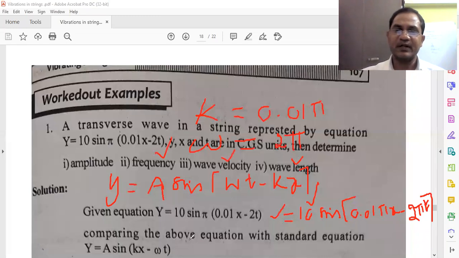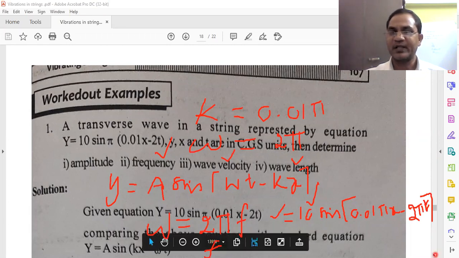What is the relation between angular frequency and frequency? Omega is equal to 2 pi f. So from this, f is equal to omega by 2 pi.